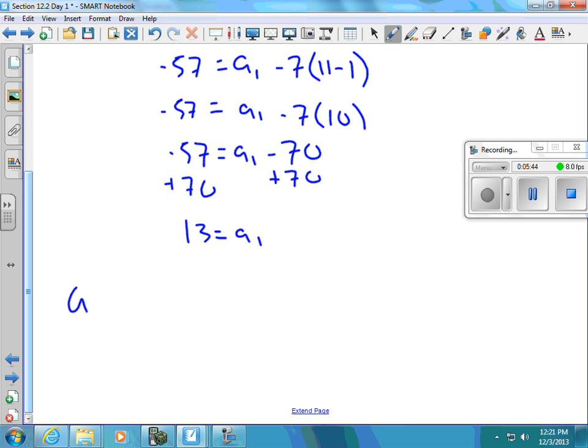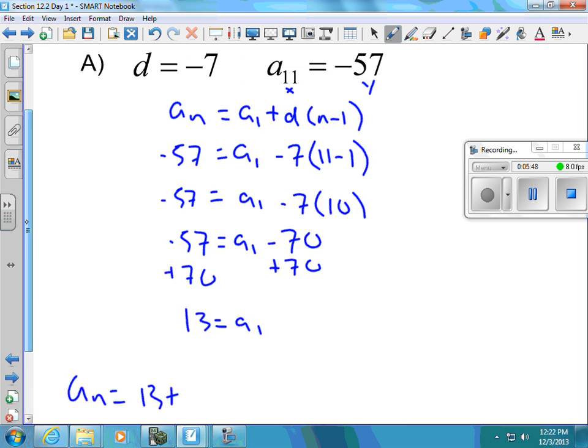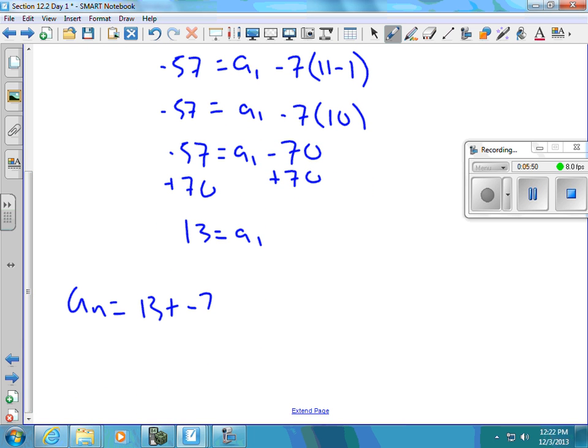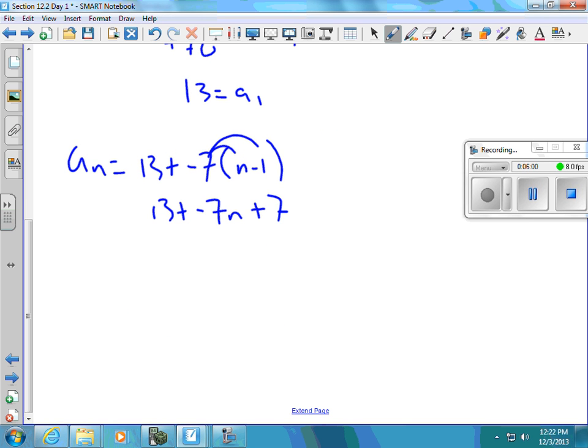So we can go back and put 13 plus the common difference, negative 7, times n minus 1. Now we distribute and combine like terms. 13 plus 7 is 20. We get a sub n equals negative 7n plus 20.